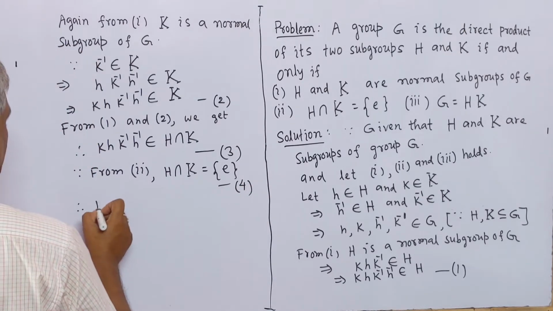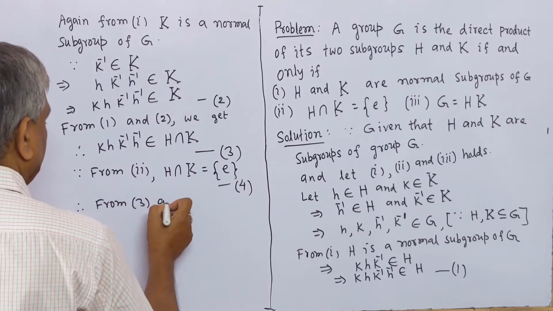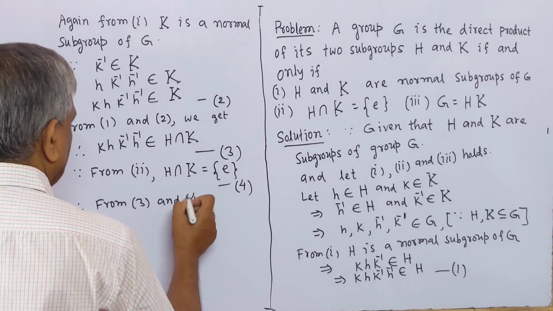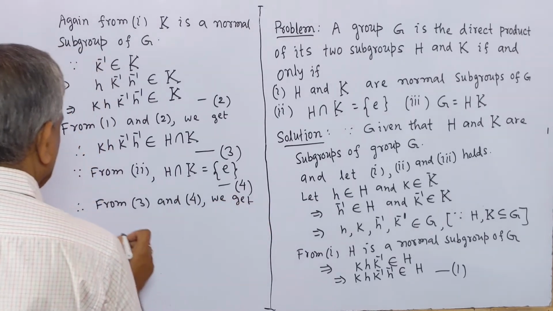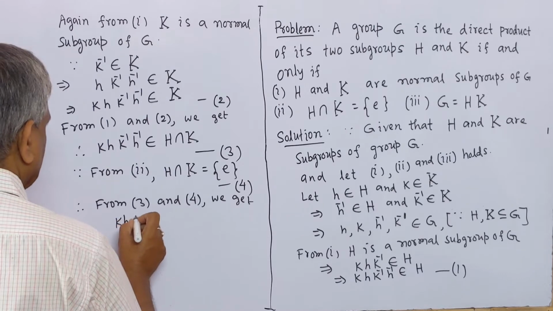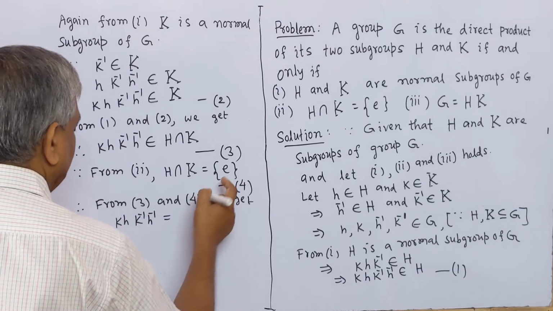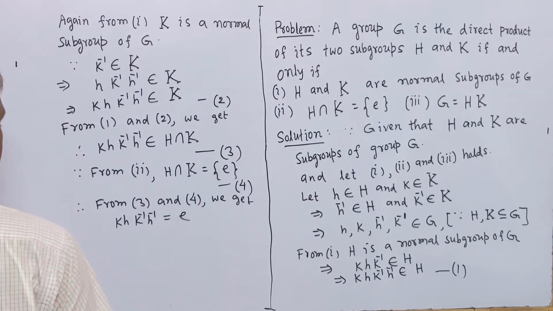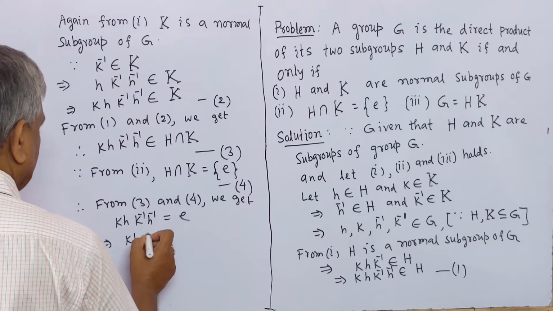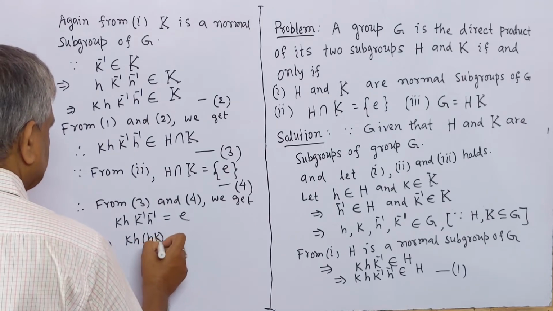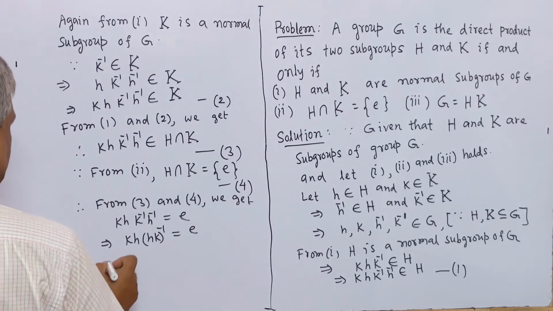Therefore, from 3 and 4, we get k h k inverse h inverse equal to the identity element. This implies that (k h)(h k) whole inverse equals the identity element.